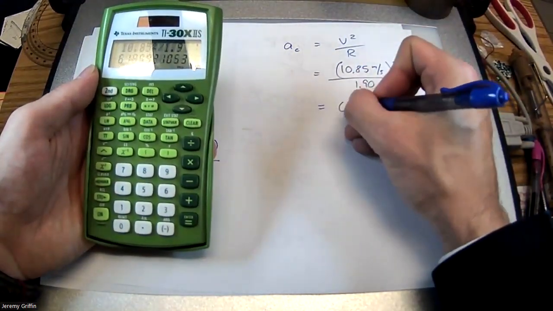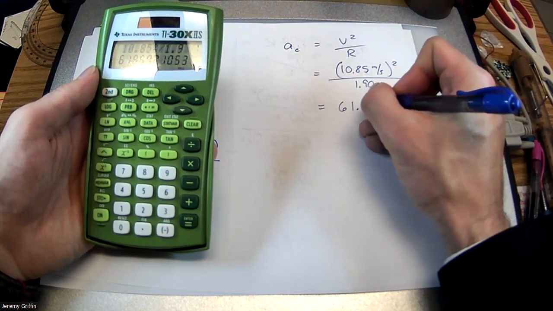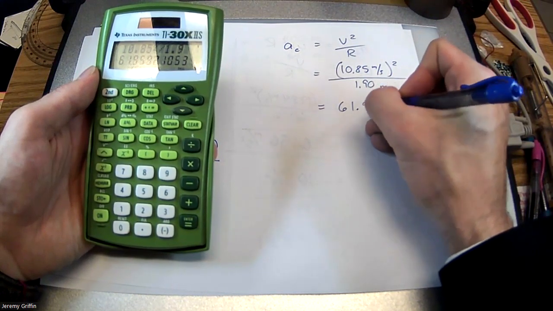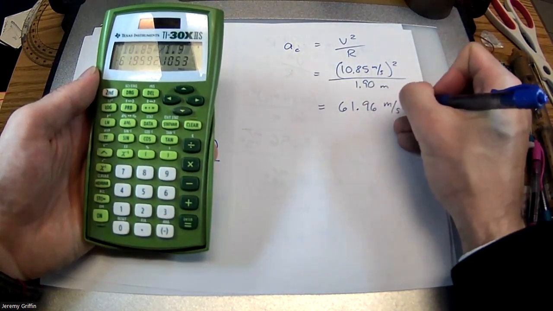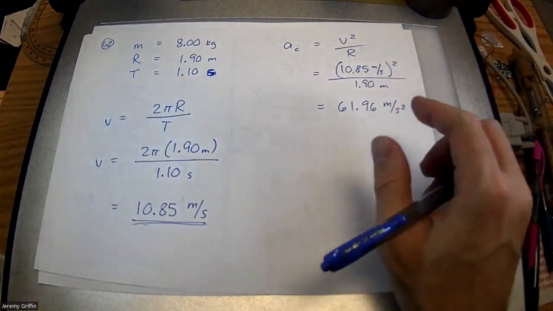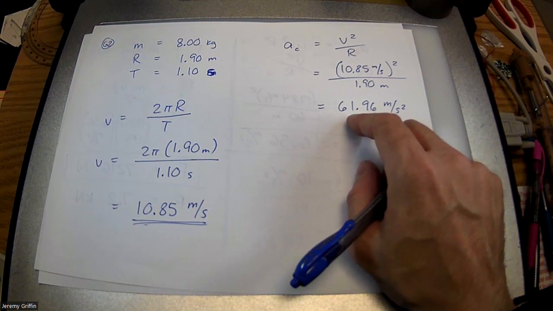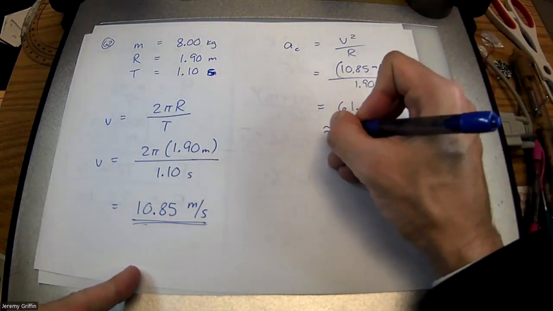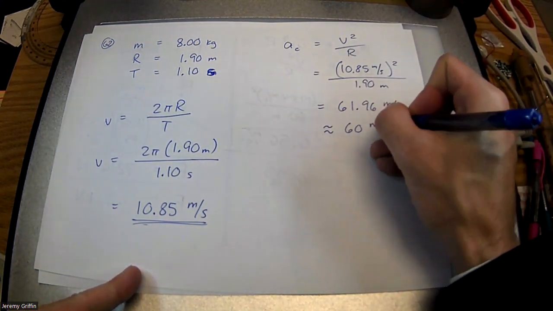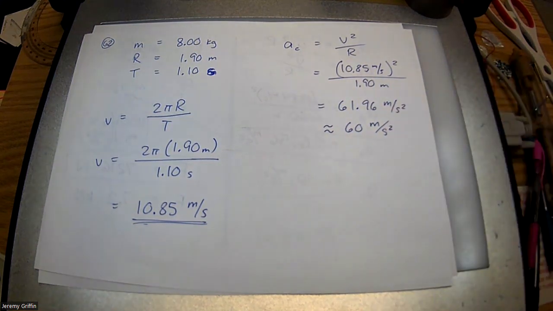I'm getting a number that's way too precise, but you get the idea. Suppose I rounded that down to about 60 meters per second squared.